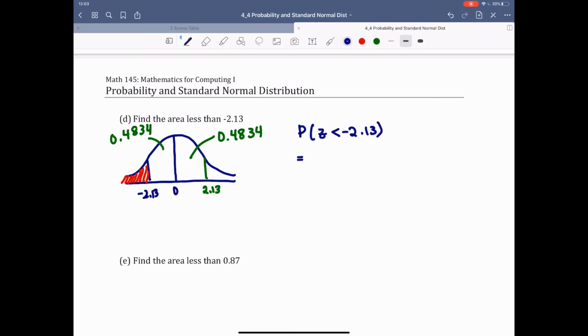Okay, we know that the entire left-hand side, so everything less than the mean, is equal to 0.5. So we can take 0.5 and subtract out the probability that z is between 0 and 2.13.